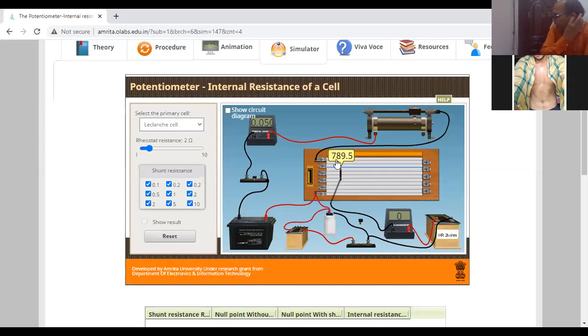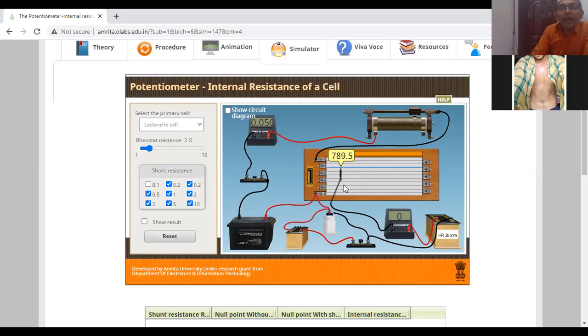Now you have to insert K, set the shunt resistance, and then we take out one of the resistances. Say here we take 0.1 resistance from the shunt resistance we insert. Okay, now in the circuit the shunt resistance has been inserted, and now press this key K2.